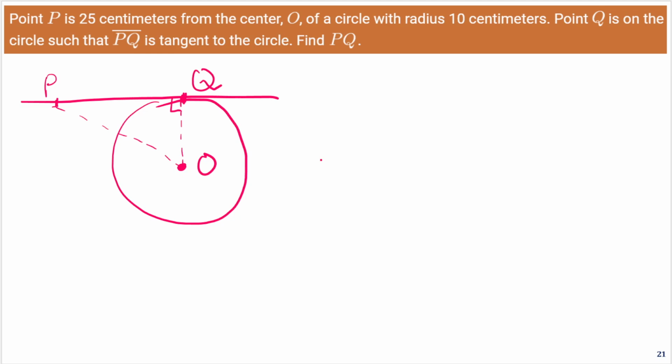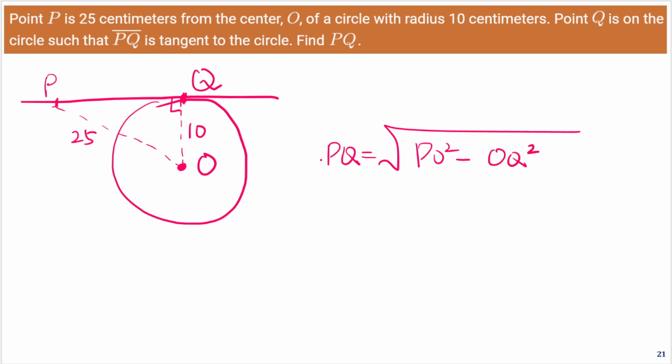So if P is 25 centimeters from the center, that means PO equals 25, right? And radius 10 means QO is 10. Of course, we can find PQ in that right triangle, right? So PQ is just square root of PO squared subtracted by OQ squared, right?